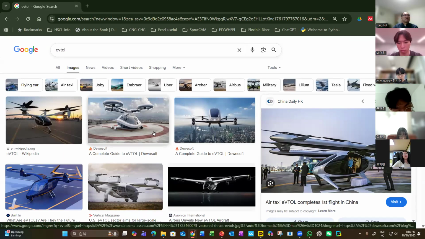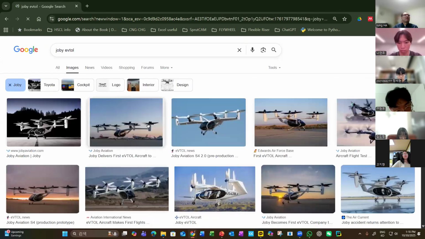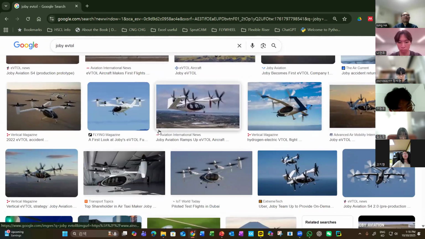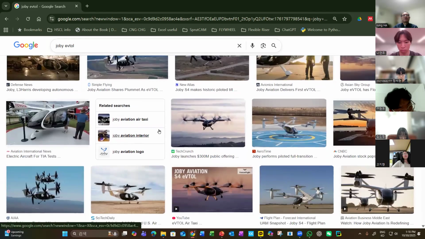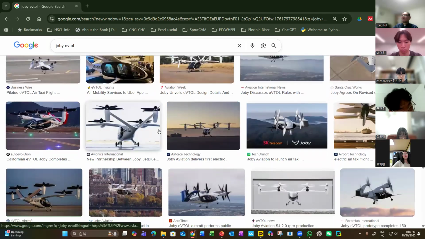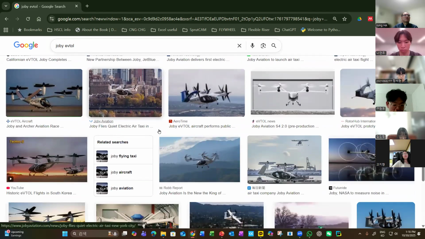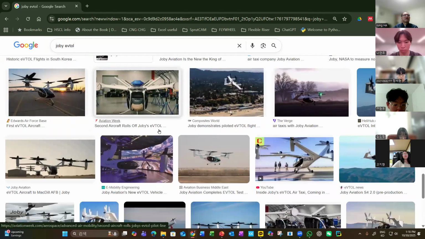So as you can see, how this structure works. Joby is the number one company in the United States. They have already been approved. Approval is very important to be in service.